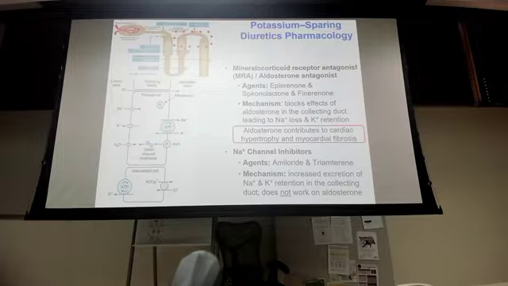The aldosterone antagonists work directly on aldosterone, blocking that mineralocorticoid receptor in the collecting duct. So kind of the same things we see with ACEs and ARBs, right?